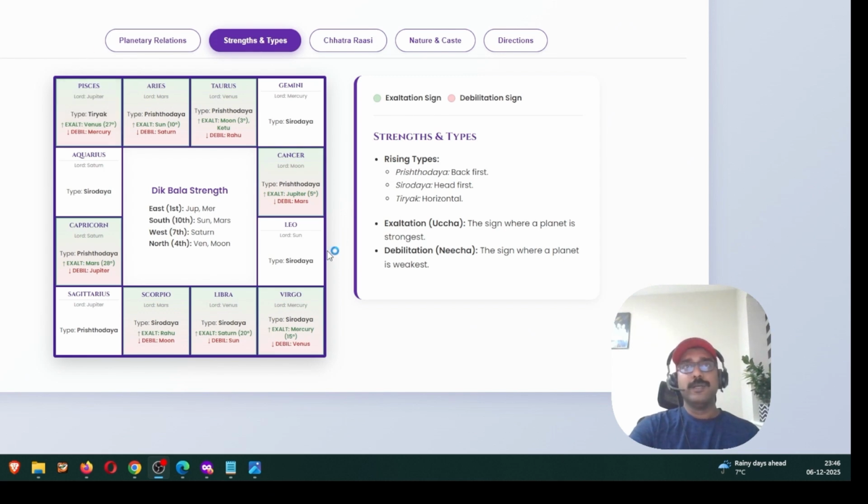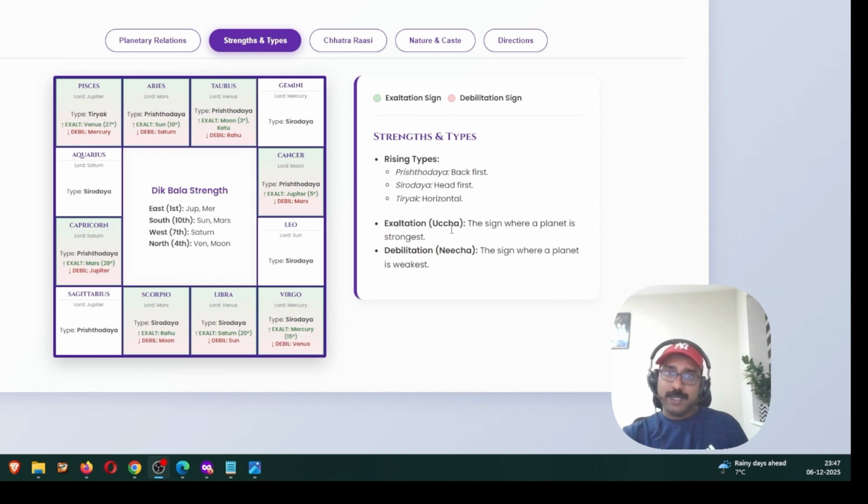So this is the certain strength and type of each Rashi and the planets. Strength is considered using the exaltation or debilitation, and the type is considered using head first, back first, or horizontal, how a certain Rashi is rising from the horizon.